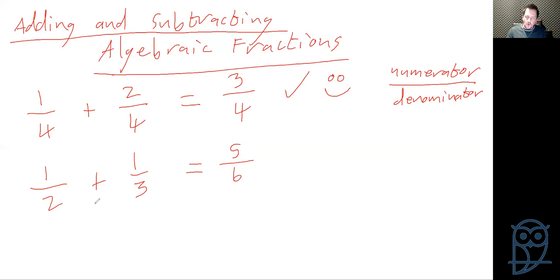So why over here am I changing it? It's because I need to have the same denominators for me to either add or subtract fractions, because I can't take off an amount that I don't know how big it is relative to what I actually have.